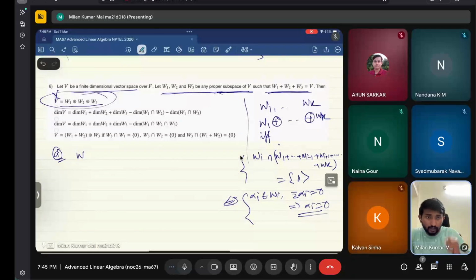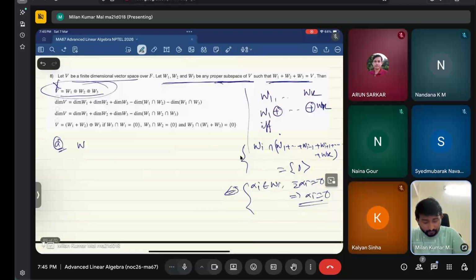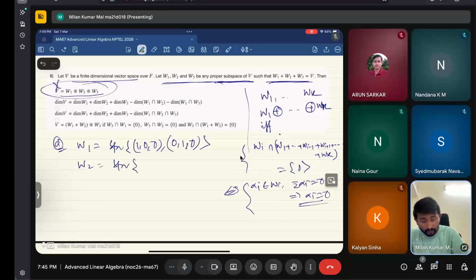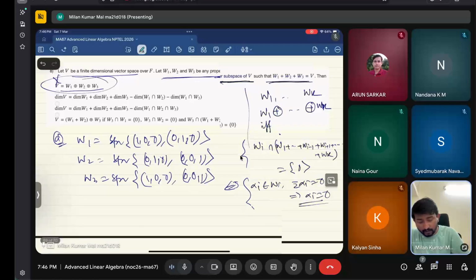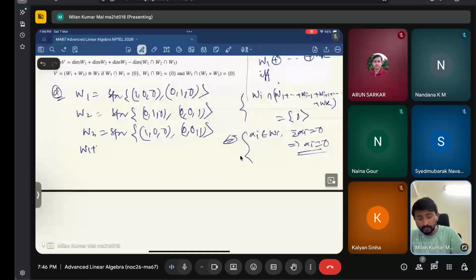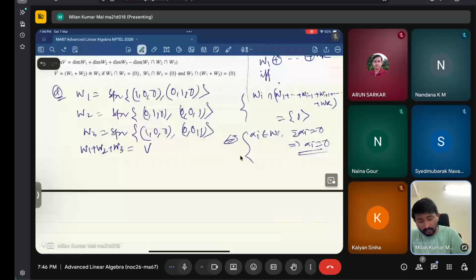Let us take W1 equals span of (1,0,0), (0,1,0), and W2 equals span of (0,1,0), (0,0,1), and W3 equals span of (1,0,0), (0,0,1). So clearly W1 plus W2 plus W3 will be the space V, because that contains every element.